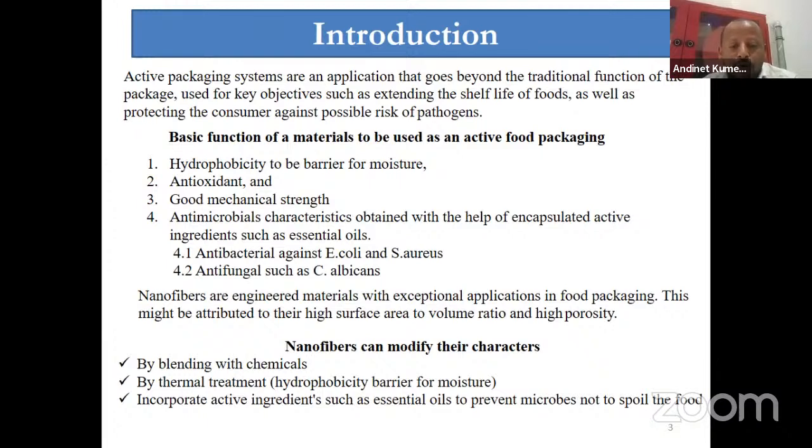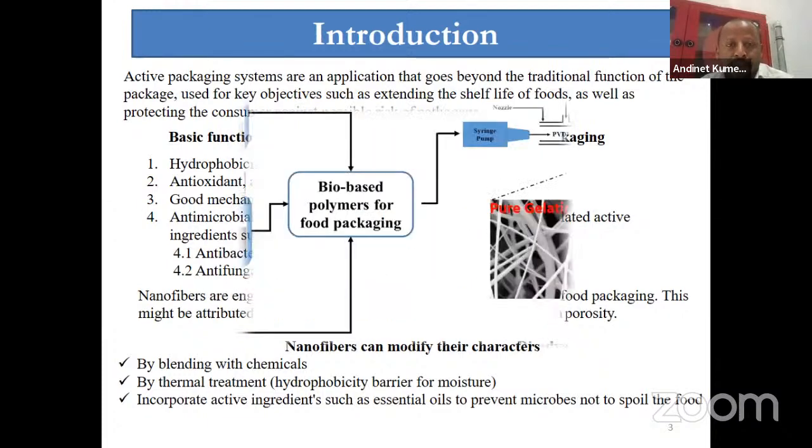We can also change the hydrophobicity using heat treatment, which is a physical means. We can also use ultraviolet rays. And if the nanofiber is to have antimicrobial activity, we use some active agents like essential oils in order to prevent the possible development of microbes near the foods.